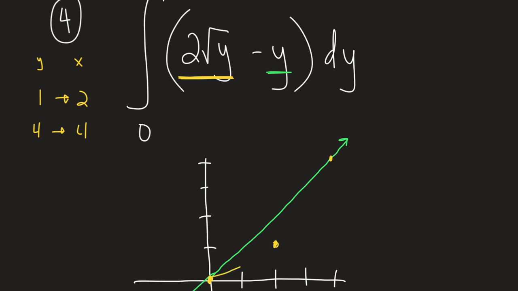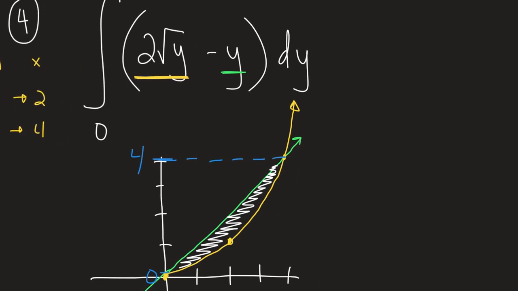So this is what the graph of 2 root y looks like. Okay, it's sort of like the right side of a parabola. And since it's right minus left, we're looking for the area between these curves, which is that section. And we're looking for the interval from 0 to 4, right? The interval from 0 to 4 on the y-axis. Okay, so that's a picture of what we're looking at.